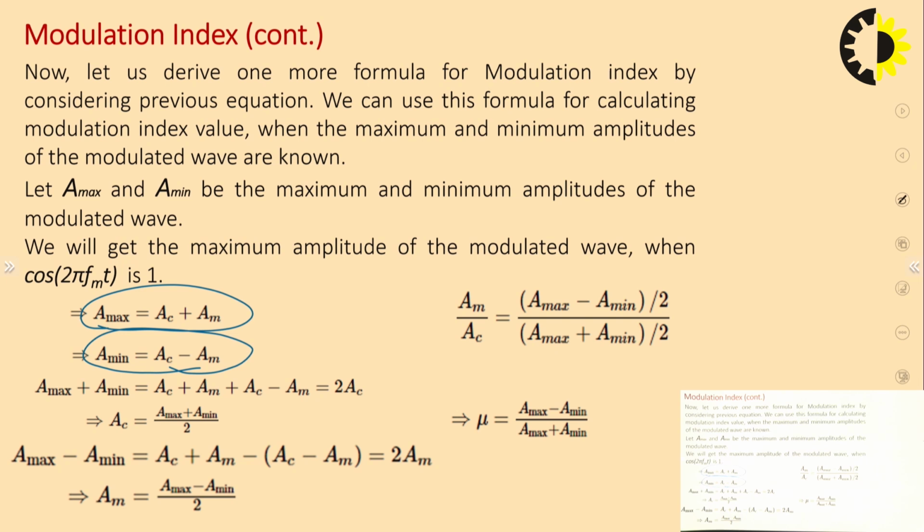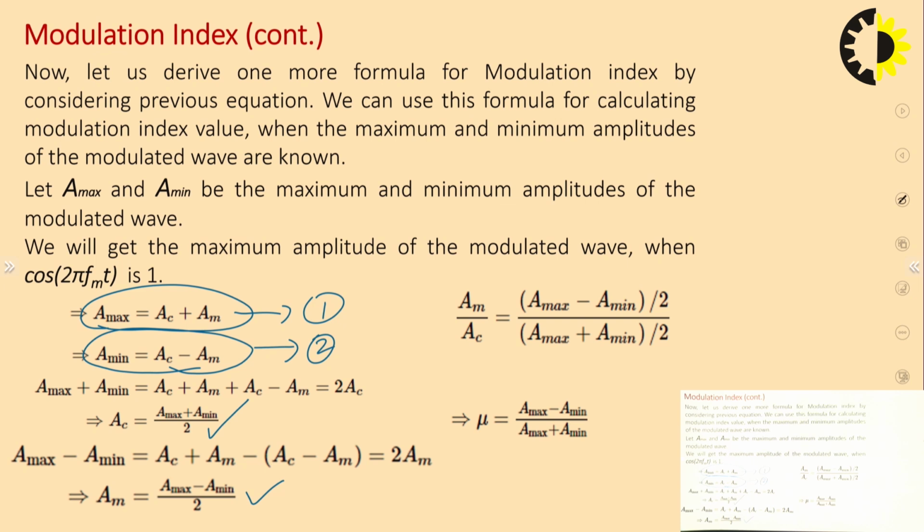If we solve these two equations, we get AC is equal to A max plus A minimum upon 2, and AM is equal to A max minus A minimum upon 2.